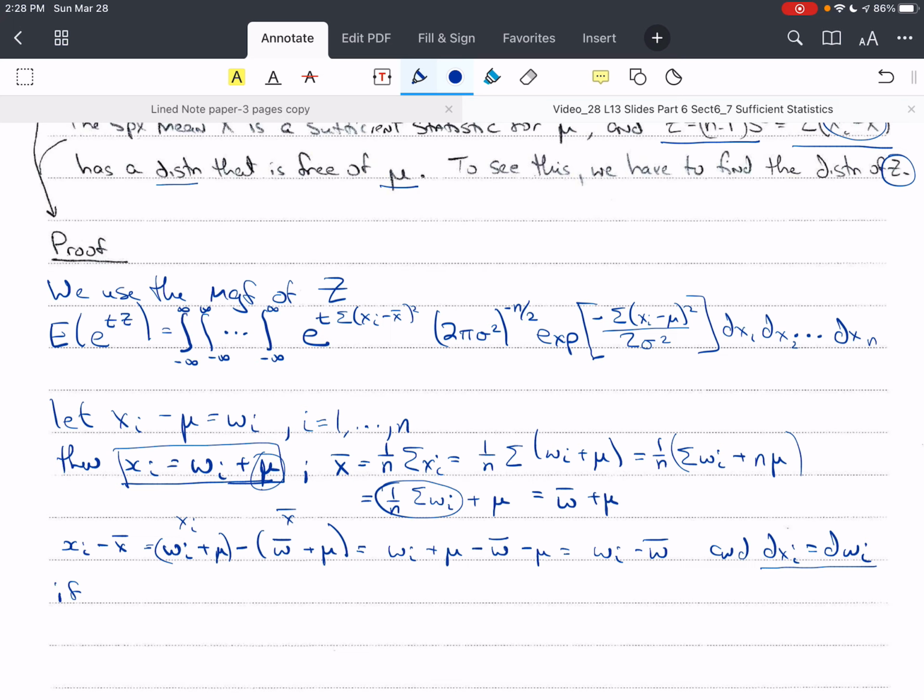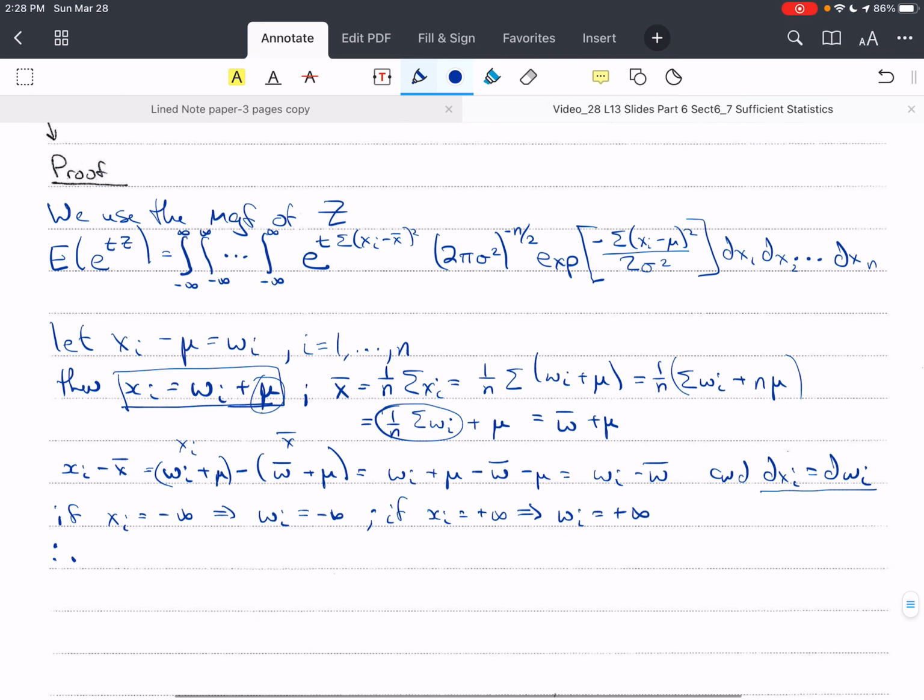So if xi is equal to negative infinity, this implies wi is equal to negative infinity. If xi is equal to positive infinity, then that implies that wi is equal to positive infinity. So we keep the same limits.